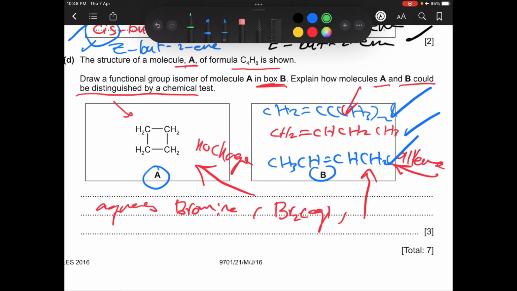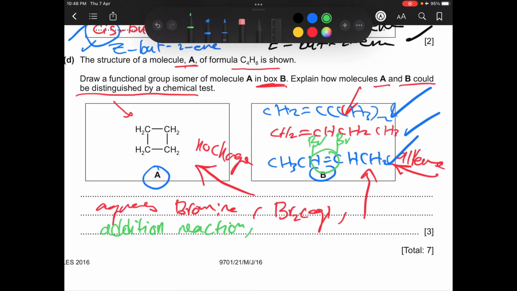The compound that you will have in this case is a dibromo compound. The double bond will be broken and we will have two bromine atoms on both sides of the double bond.